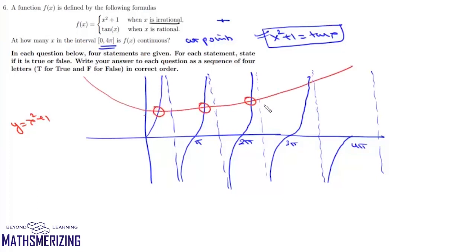So these two graphs, they intersect at 4 points. So the number of values of x in the interval 0 to 4 pi where this function f(x) is continuous is simply 4.